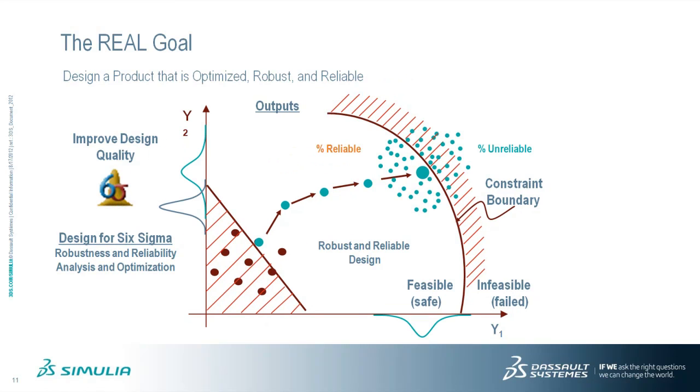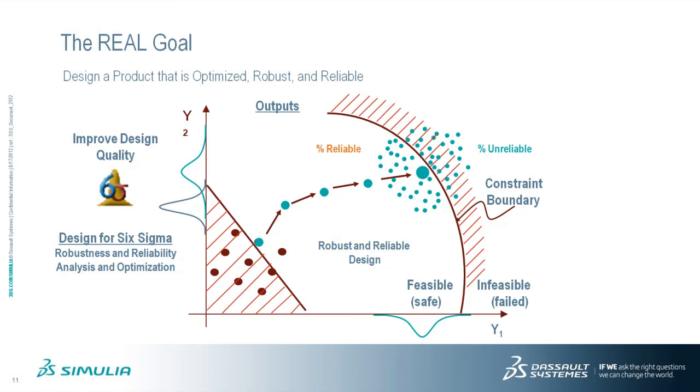But what if we start to think about variabilities in manufacturing, variability in material properties? When we include those variabilities, what we'll see is that we have a certain percentage of our product that's going to be built that's going to be reliable. It's going to fall inside of this constraint boundary. And we're also going to have a certain percentage that is unreliable. It's going to fall outside of that constraint boundary.